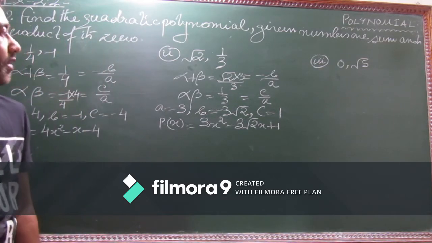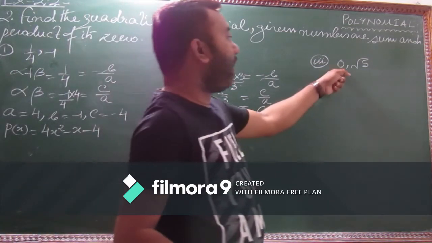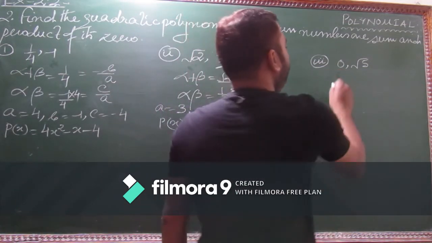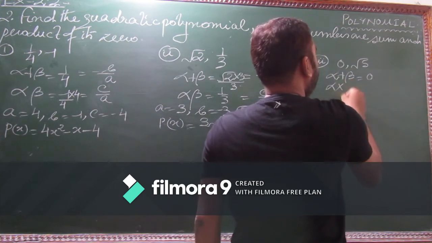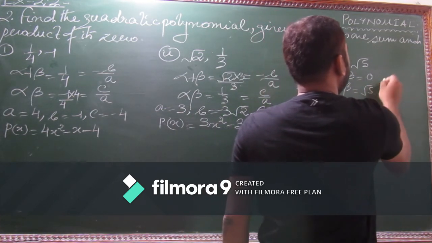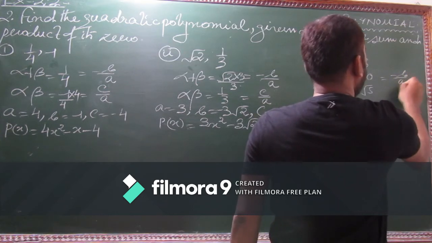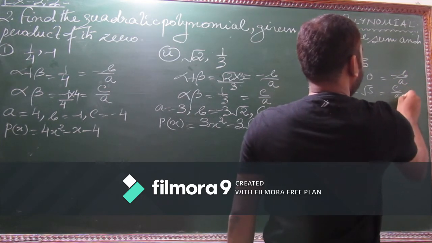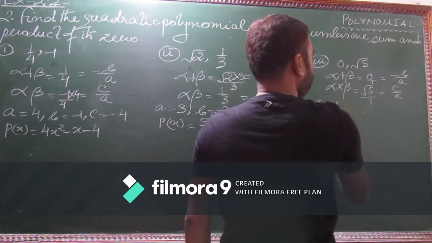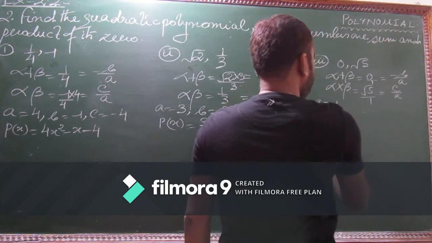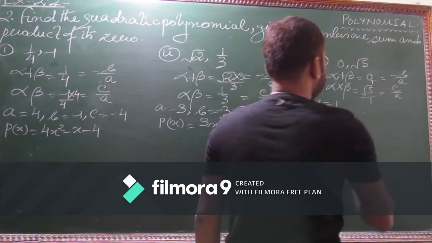Is it done? Yes, done. Now here alpha plus beta is equal to 0 and alpha into beta is equal to root 5. This is minus b by a, this is c by a. So what is a? A is 1, nothing is 1. Then a is 1, b is 0 and c is root 5.